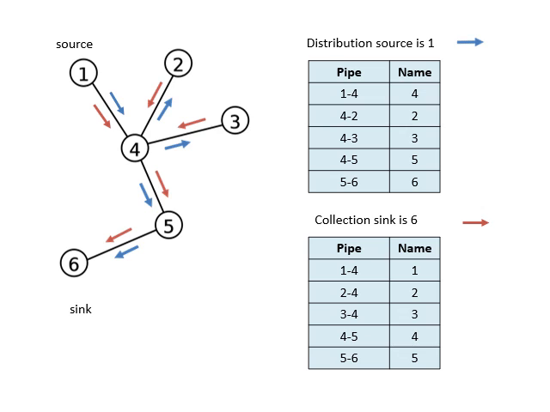If we collect water in node 6, therefore we call the pipe by the name of the upstream node. As you can see, pipe 1,4 is called 1, pipe 2,4 is called 2, and so on.